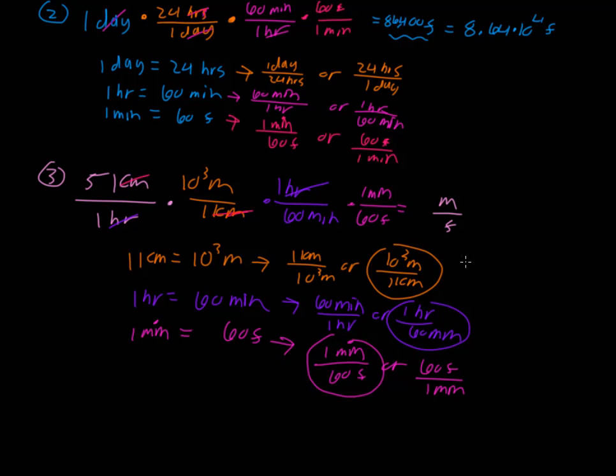And if we calculate that out, it comes to about 1.39 meters per second. Our minutes canceled out, and as we see here, we end up with the desired units. Meters are left, seconds are left. The result is that we get meters per second.